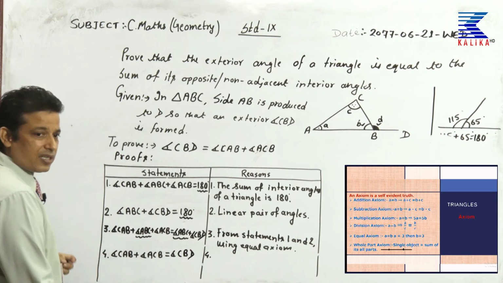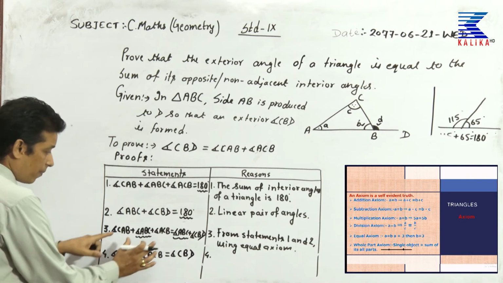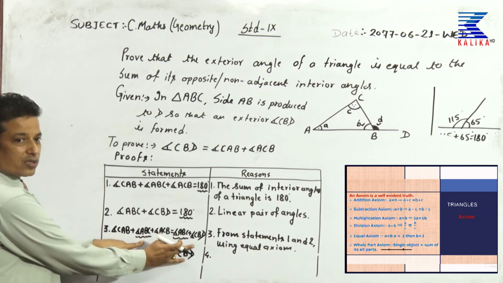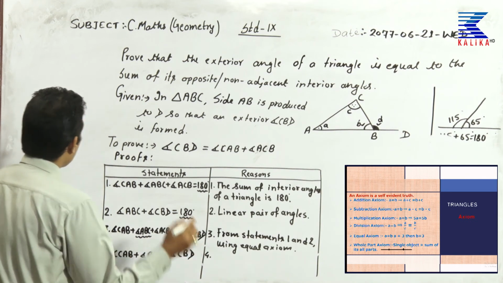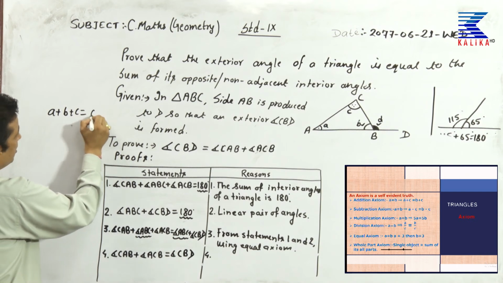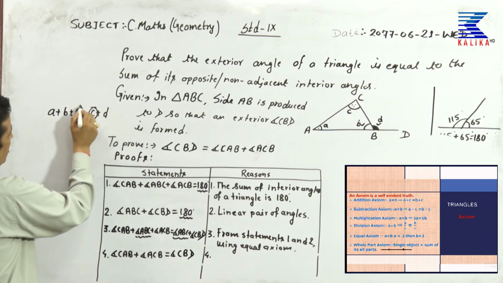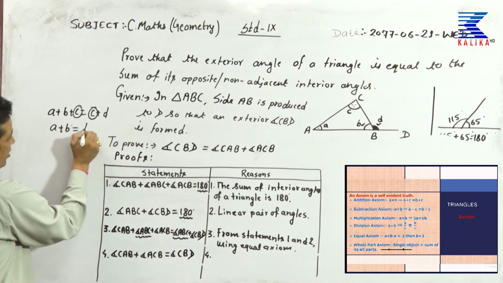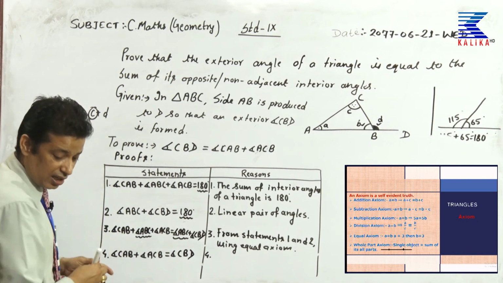Yes, I hope you have seen it. Now, look what we did here, we subtracted angle ABC from both sides. This can be done in an equation. It is like if A plus B plus C is equal to C plus D, we can remove this C by subtracting on both sides, then we get the result A plus B equals D, and the same fact is used here.